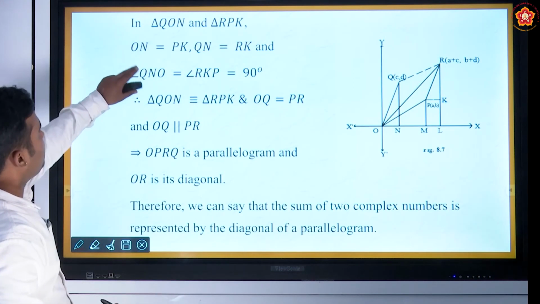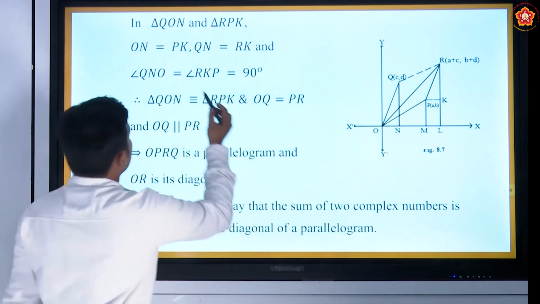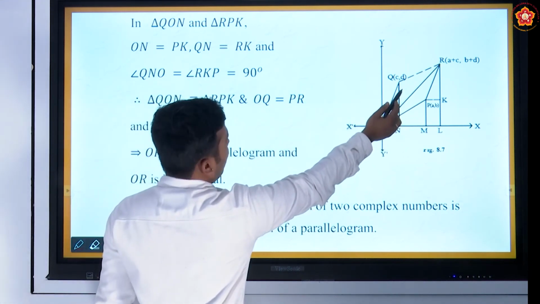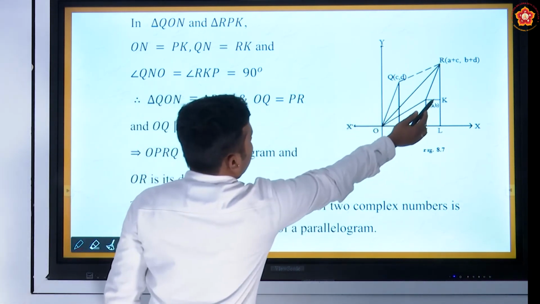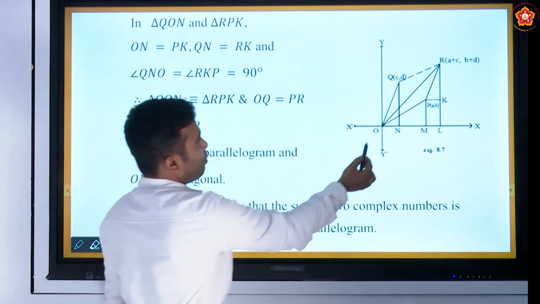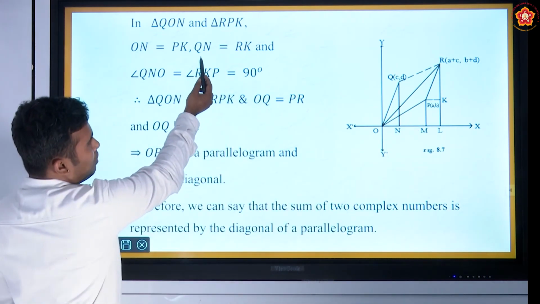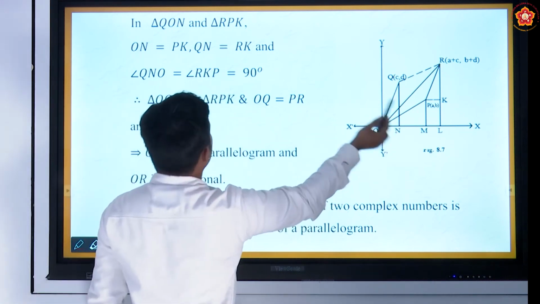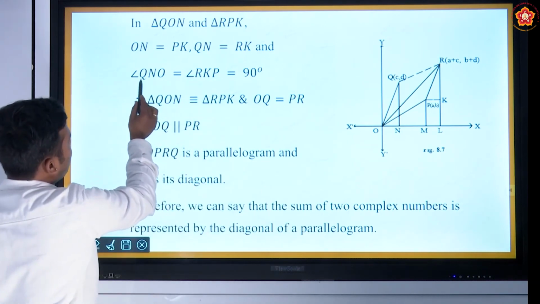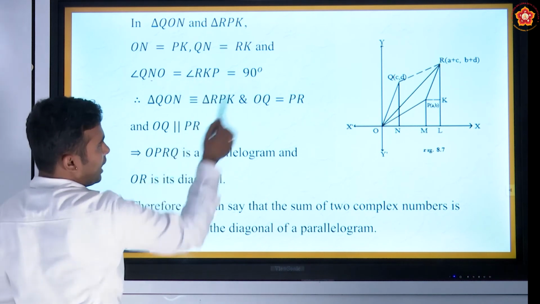So again we continue with the triangle QON and another triangle we have chosen, RPK. From that we can say that ON is equal to PK, which we have just solved, and QN is equal to RK. So triangle QNO and triangle RKP are right angle triangles.